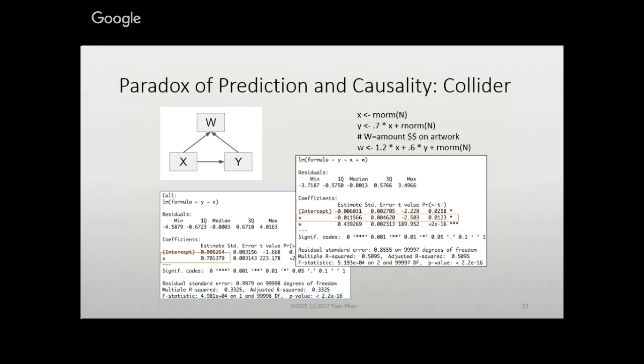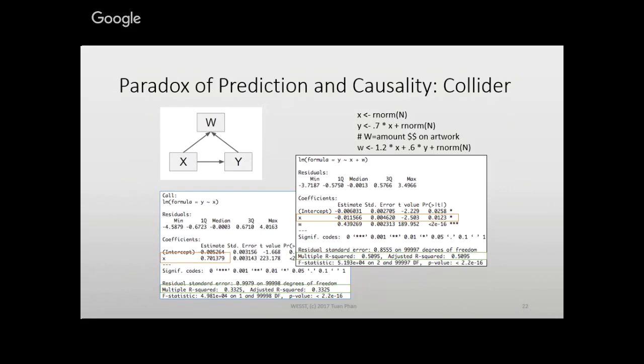But what is more disturbing, if you look closely, is our R squared. R squared here is, again, trying to see how well it fits the data. This should actually be our correct model because only x affects y, not w. But our correct model here has a fit of R squared about 0.33, while our incorrect model, where w is causing y, actually has a better fit at 0.5.